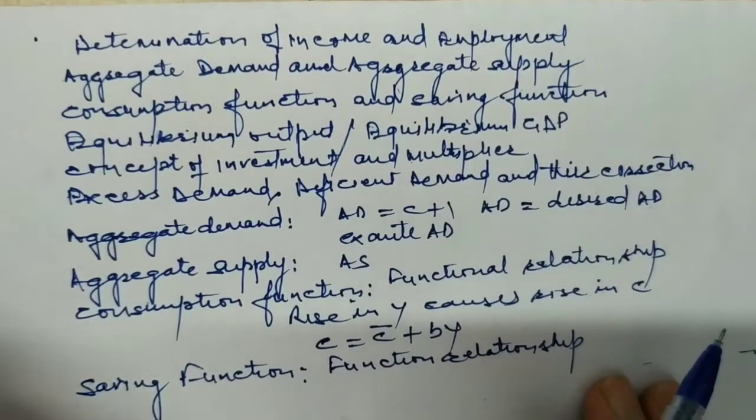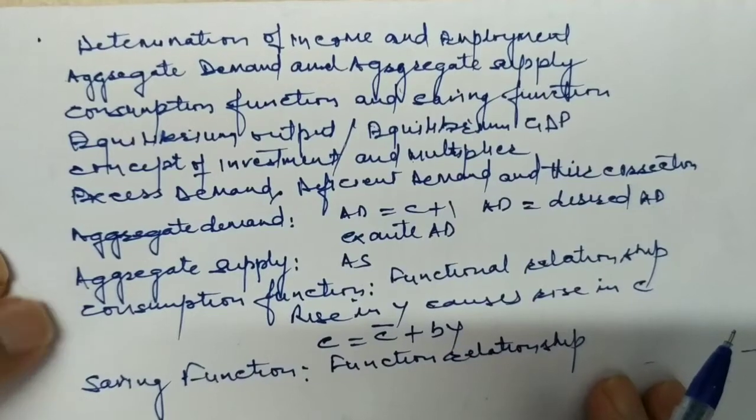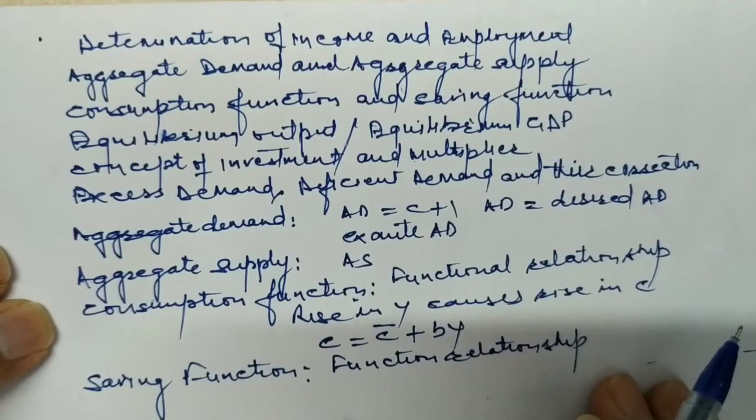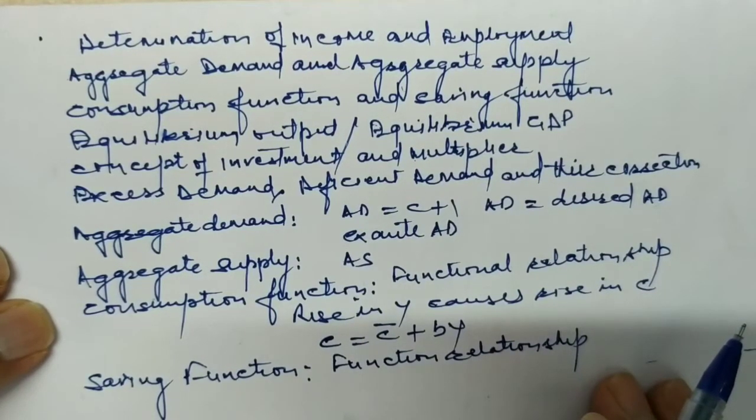However, since there is always a minimum level of consumption, even when income is zero, it implies that there must be some negative saving, indicated by minus C bar in the saving function.